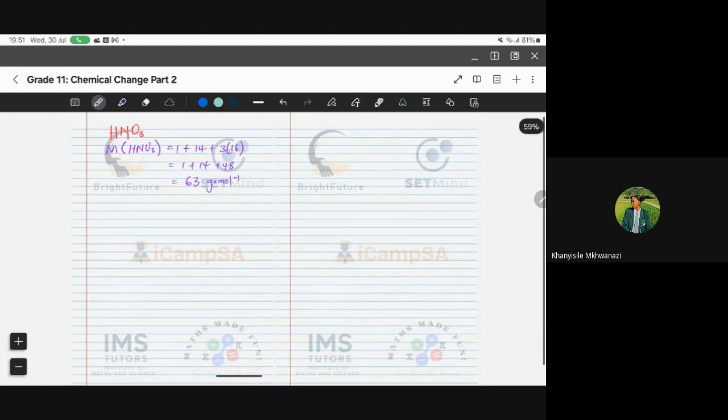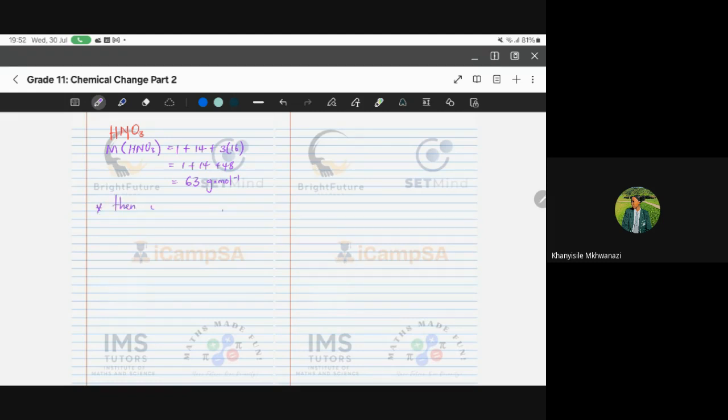Now, what you then do, you find the ratio of M of HNO3... Okay, let me write it in words because it might be tricky using symbols.